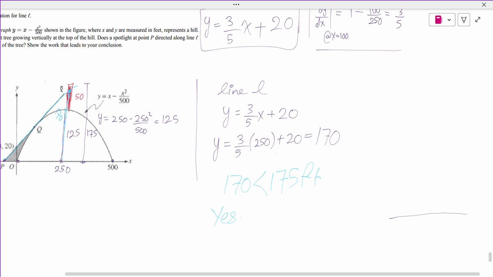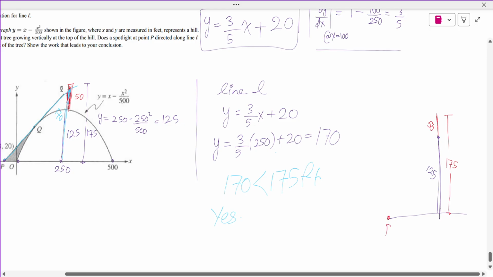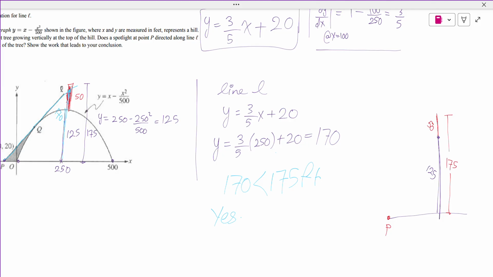Again, this is the height of the hill, which is 125. From here we have a 50-foot tree growing up, so the total height will be 175. There is a spotlight here at point P that shines along line L, and it goes this way.